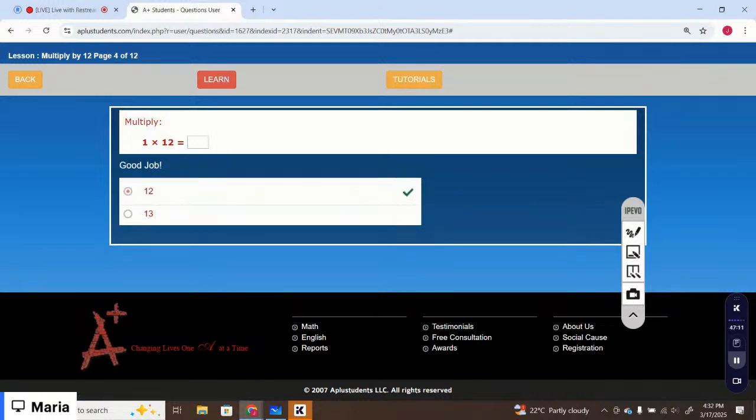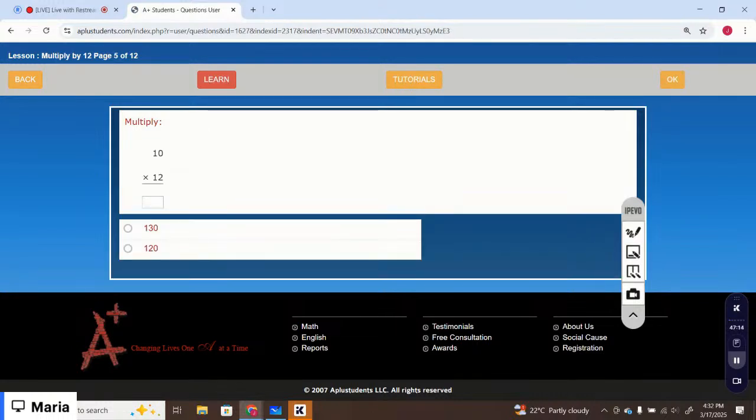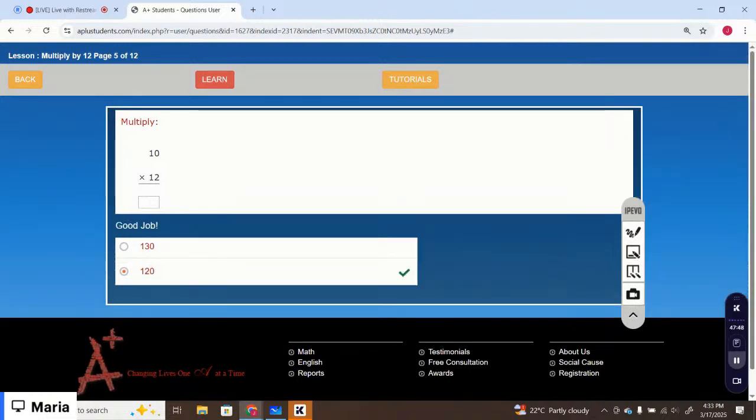Option 1 is the correct option. Times 10 equals 120. Option number 2 is the correct option.